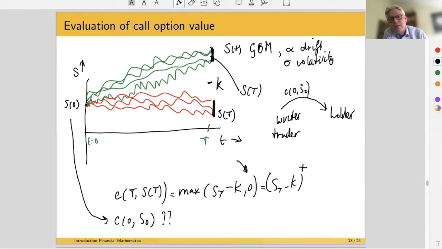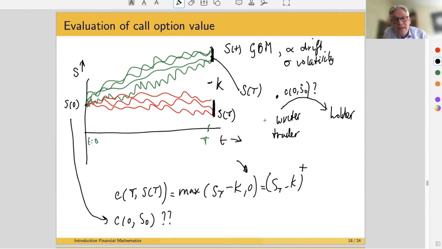S0 from the holder. Then the holder buys the option, pays this amount to the writer, and the writer uses this amount to compensate for all the risk, to be able to receive K and give out the stock at some value ST. Right? The writer determines this price of the option on the fact that there's no risk at final time.